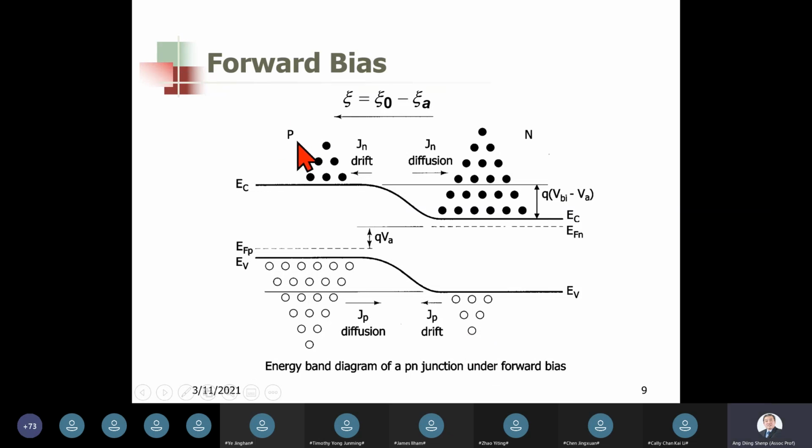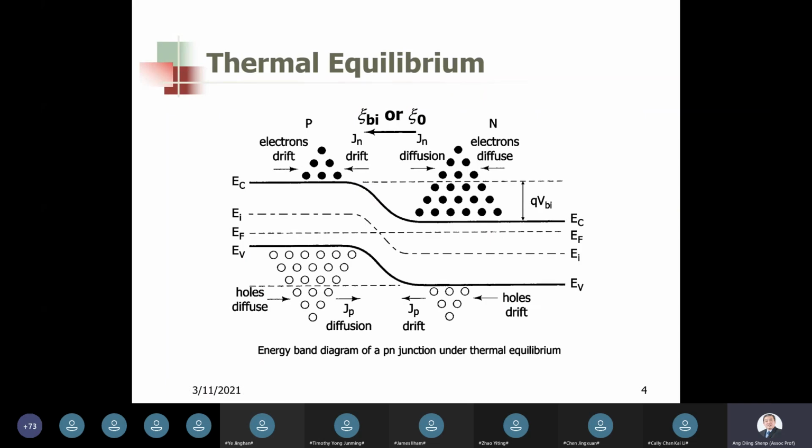Because the energy band diagram on the P side has shifted downwards relative to the N side, this gives a smaller junction potential as well as a smaller junction electric field, as shown by the smaller gradient in the energy band diagram compared to the thermal equilibrium case. If you go back and check the band diagram under thermal equilibrium, the two Fermi levels are aligned and you have the built-in potential here. The slope gives an indication of the strength of the electric field across the junction.